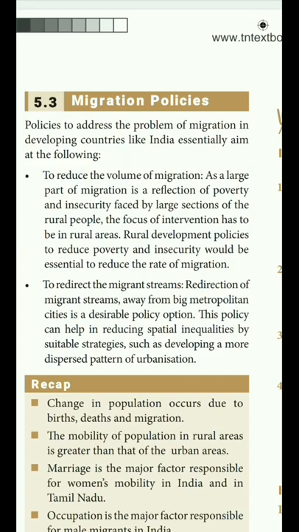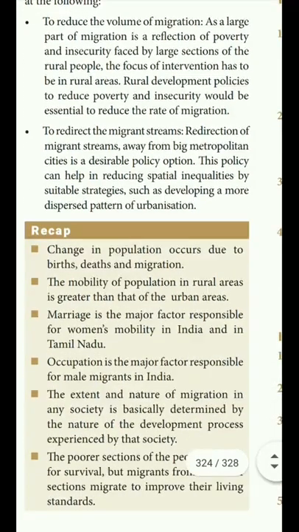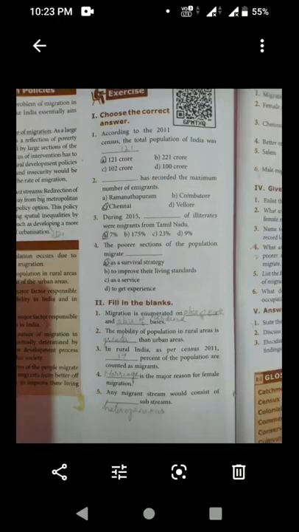Okay, now we can mark this. I'll take page number 316. Roman number 1, choose the correct answer. According to the 2011 census, the total population of India was dash. Option A, 121 crore.